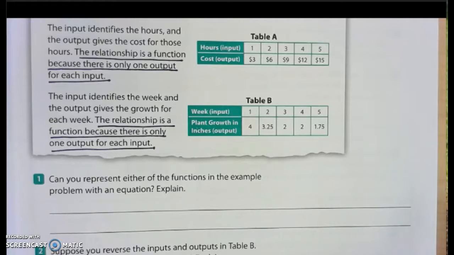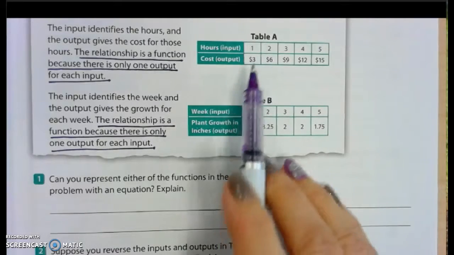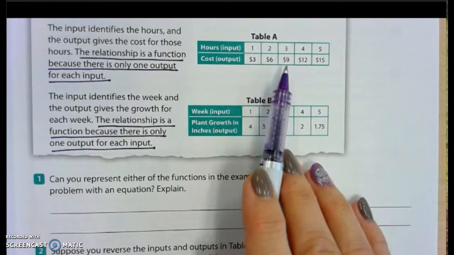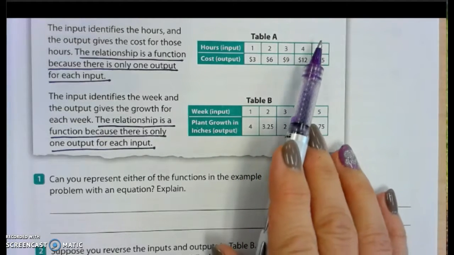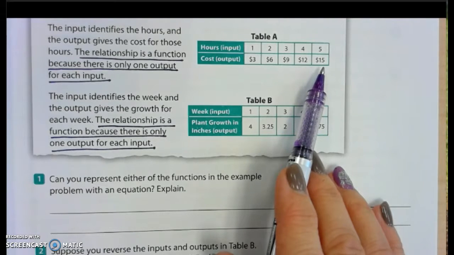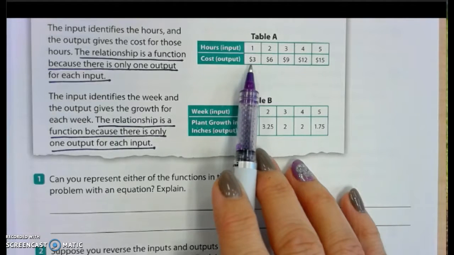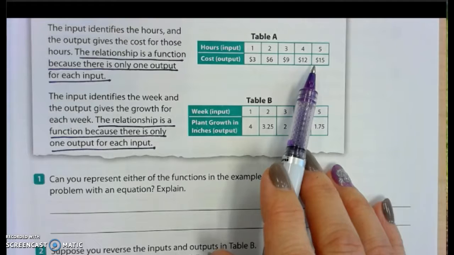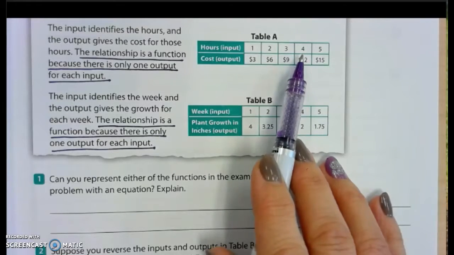What can we do to the inputs to get the outputs and it work every time? So 1 and 3, 2 and 6, 3 and 9, 4 and 12, 5 and 15. Is there a pattern? Yes, there is a pattern. The pattern is we are increasing our cost by $3 for each hour.